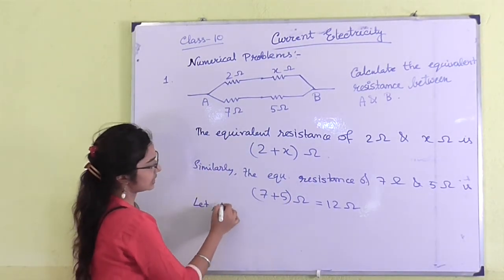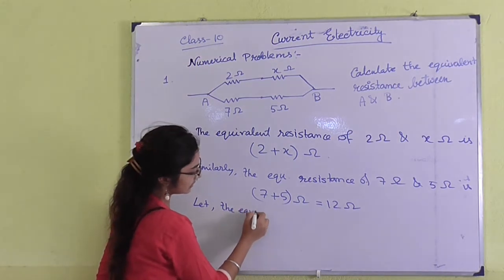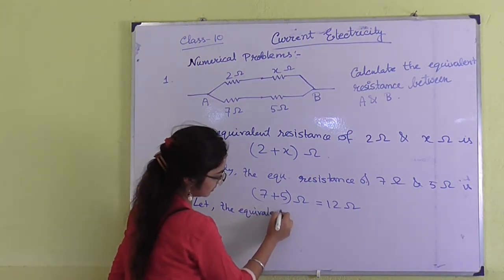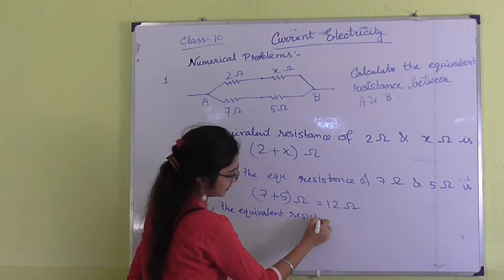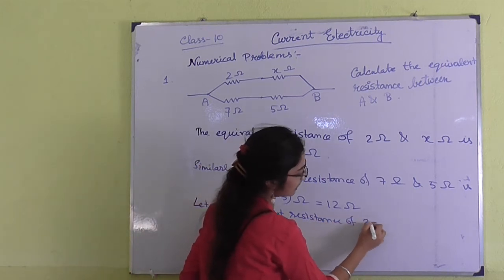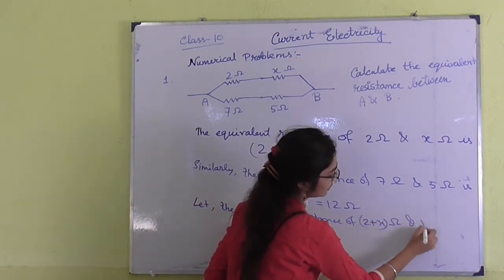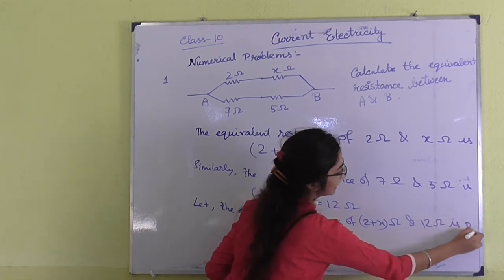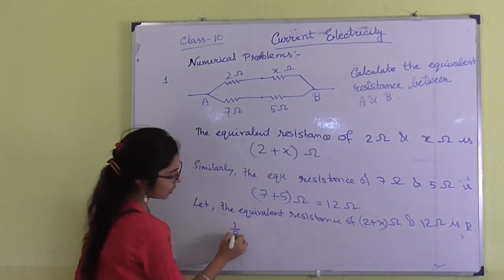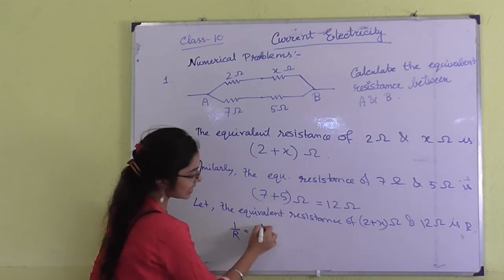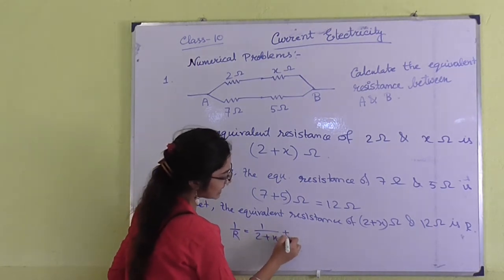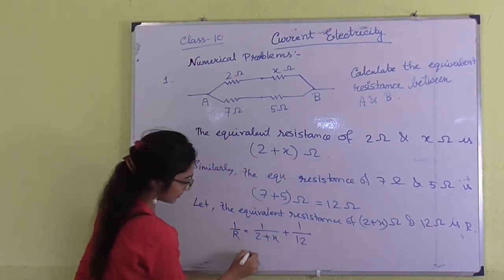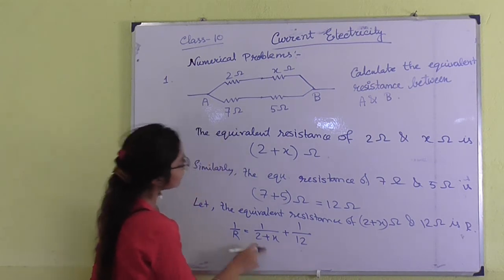So let the equivalent resistance of 2 plus x ohm and 12 ohm be R. From the formula of parallel connection, 1 by R is equal to 1 by 2 plus x plus 1 by 12. Now we have to solve this problem.